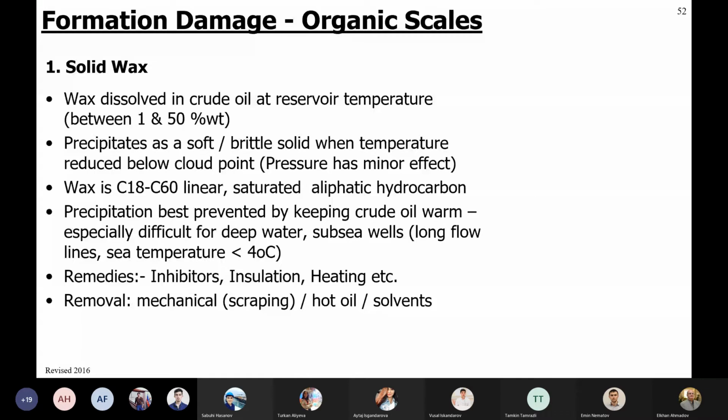At reservoir temperature, because of the high temperature, it will be flowing with the reservoir, but as the temperature goes down below the cloud point, this will cause the precipitation of the wax in the form of a soft solid on the pore walls, or even on the tubing walls.